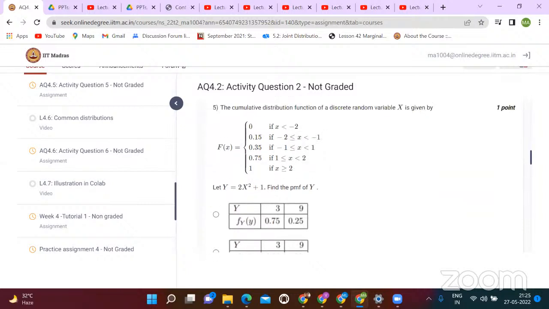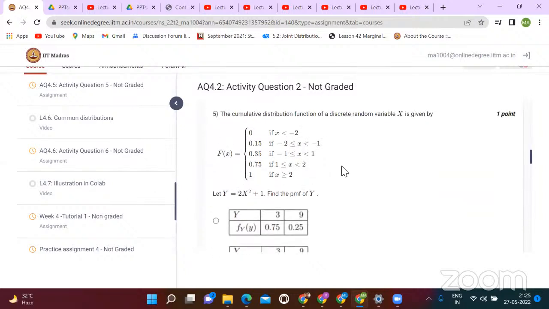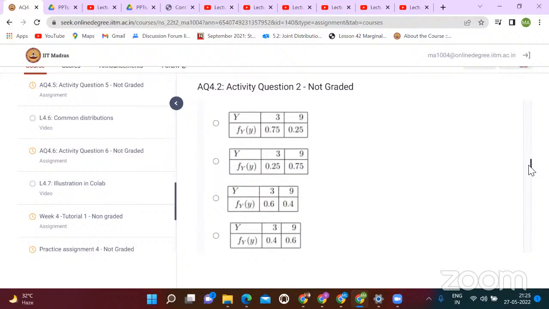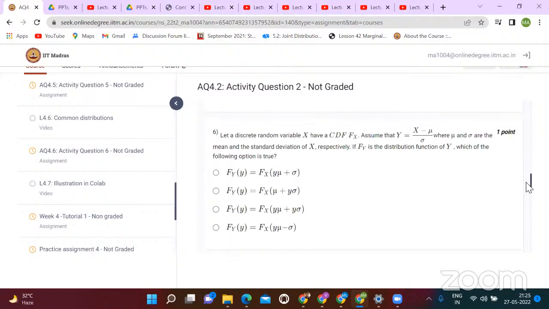Okay, so which question do you have? 6 and 7, sir. Okay, 6th one. So the 6th is just X equals sigma Y plus mu. That's it. You have to replace that X with Y, right? So X equals what?